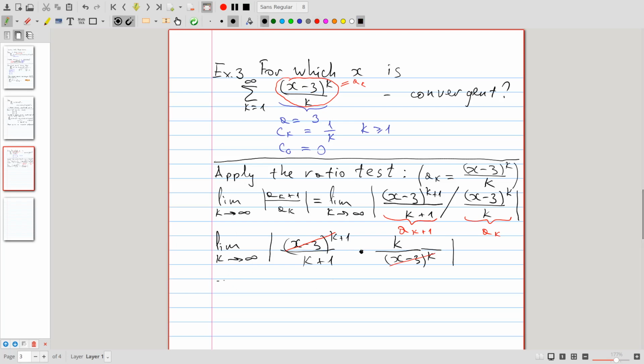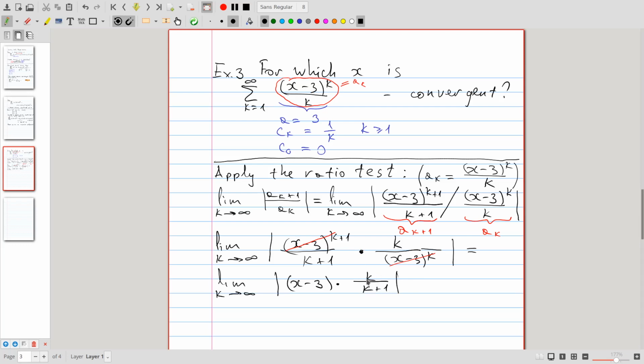This here becomes the limit as k goes to infinity, absolute value of x minus 3 times k over k plus 1, everything under the absolute value.